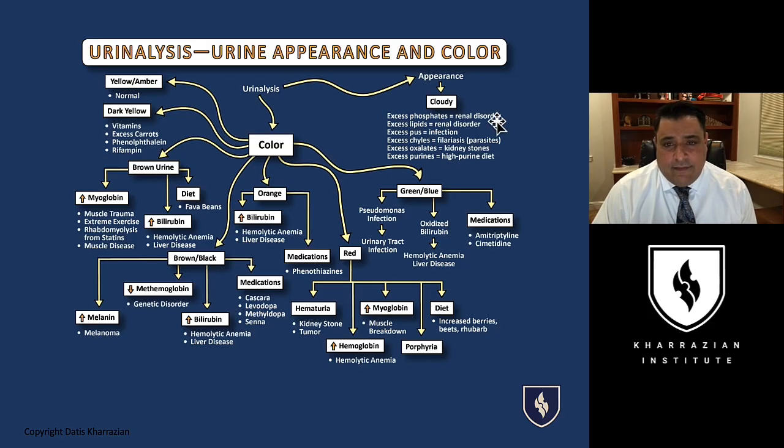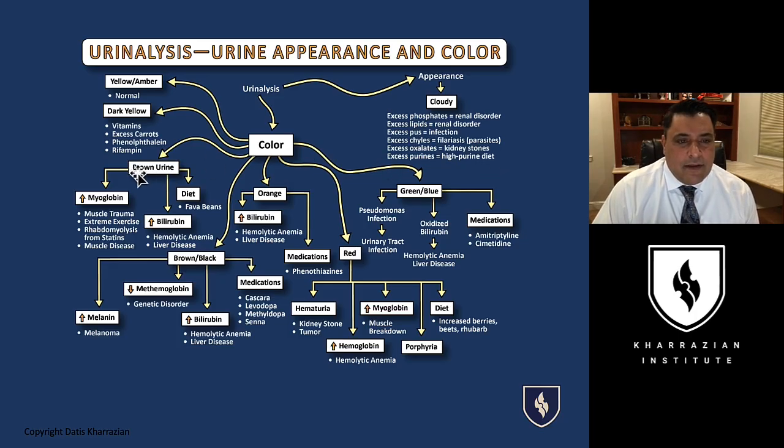Excess phosphates if they have kidney disease, or excess lipids if they have kidney disease, excess pus if they have infection, excess chyle if they have things like parasites, excess oxalates with kidney stones, excess purines with a high purine diet. So a cloudy appearance could be many things. You'll have to look at your lab renal markers and the other markers on the urinalysis to get a clue of what's going on. And we'll go over those in a second.